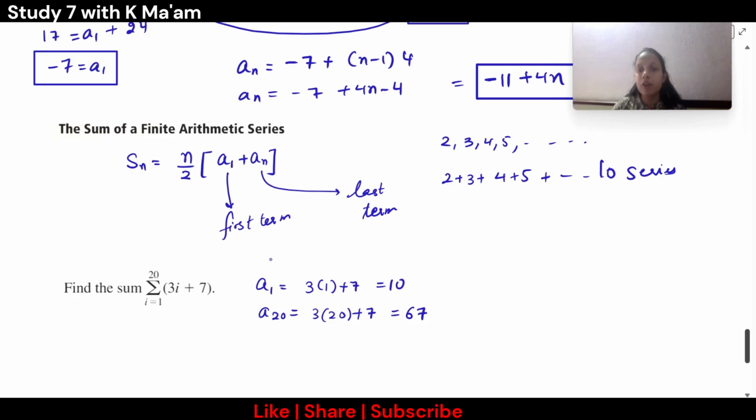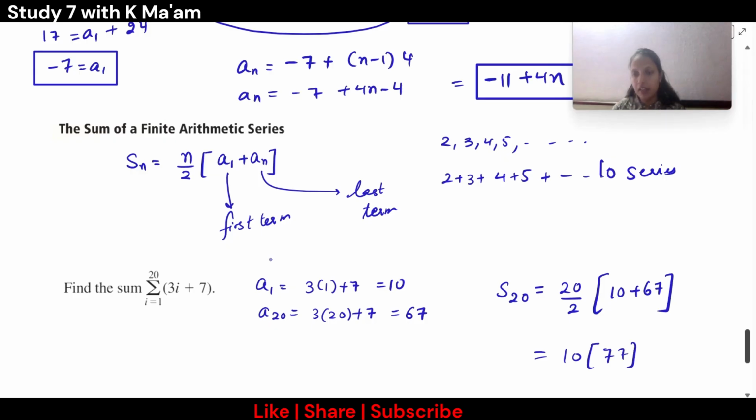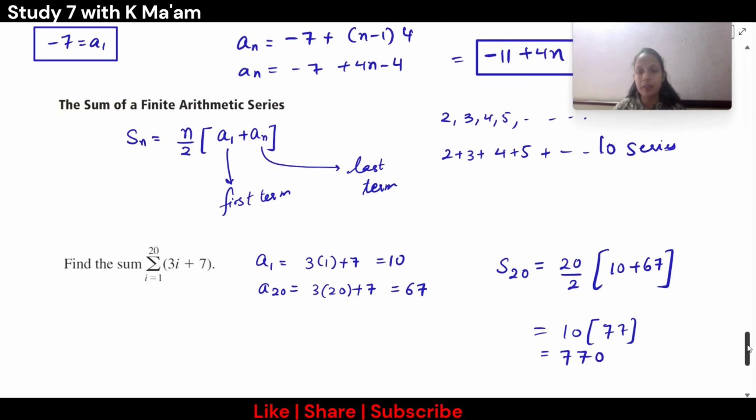So using the formula, S of 20 is equal to 20 by 2 times 10 plus 67. This is 10, this is 77. On multiplying, you will get 770. We are done with this question.